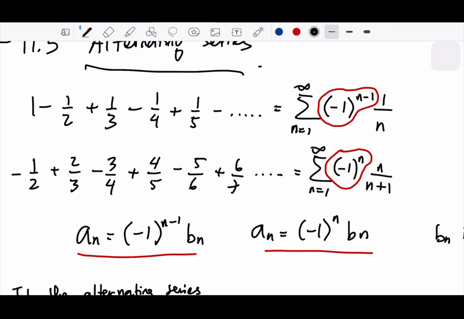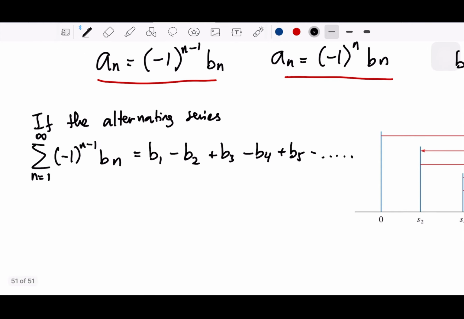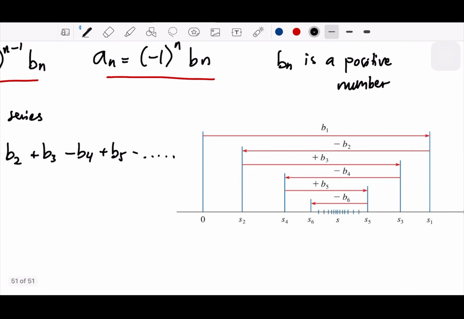Also, if we look on here, imagine B1 is greater than B2, B2 is greater than B3. If we look at how the graph visualizes, start from 0, plus B1. Here, this is our partial sum, S1.